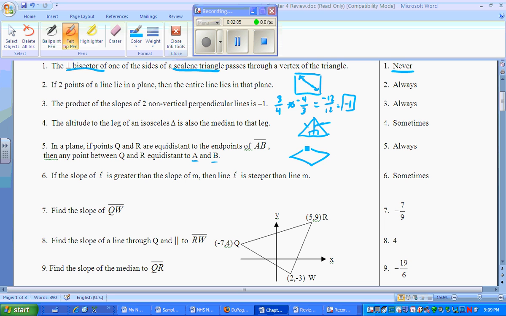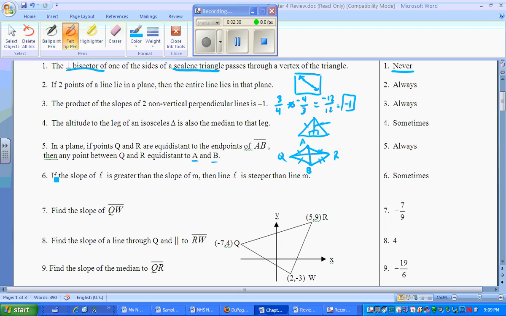So it's just like saying, hey, here's A, B. Those are the stationary points. You have Q and R, the line connecting it. So anywhere on here would be equal distance.